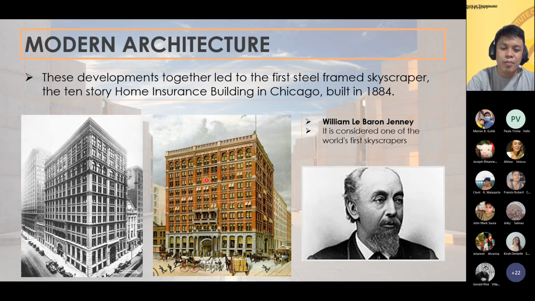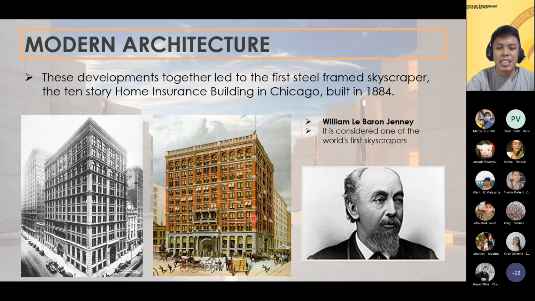So ang gigamit na kay steel na. It was built in 1884 by architect William LeBaron Jenney, and it is considered one of the world's first skyscrapers and one of the first high-rise buildings that used a steel frame structure.